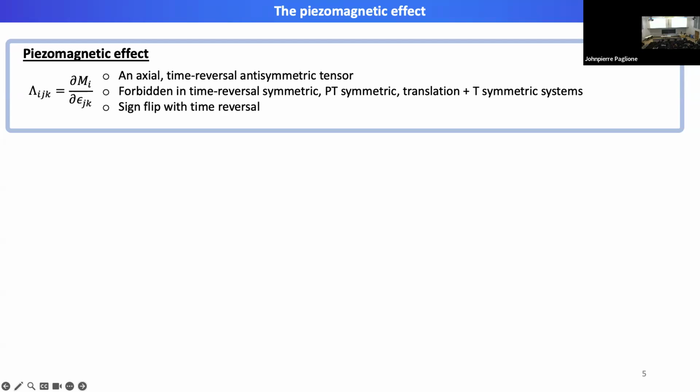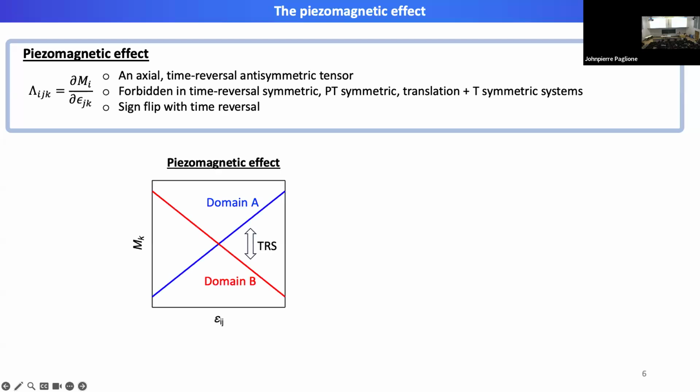Another important property of the piezomagnetic effect from the property of time reversal symmetry on magnetization is that in time reversal symmetry breaking systems, often we have domains that are connected with each other by time reversal symmetry.